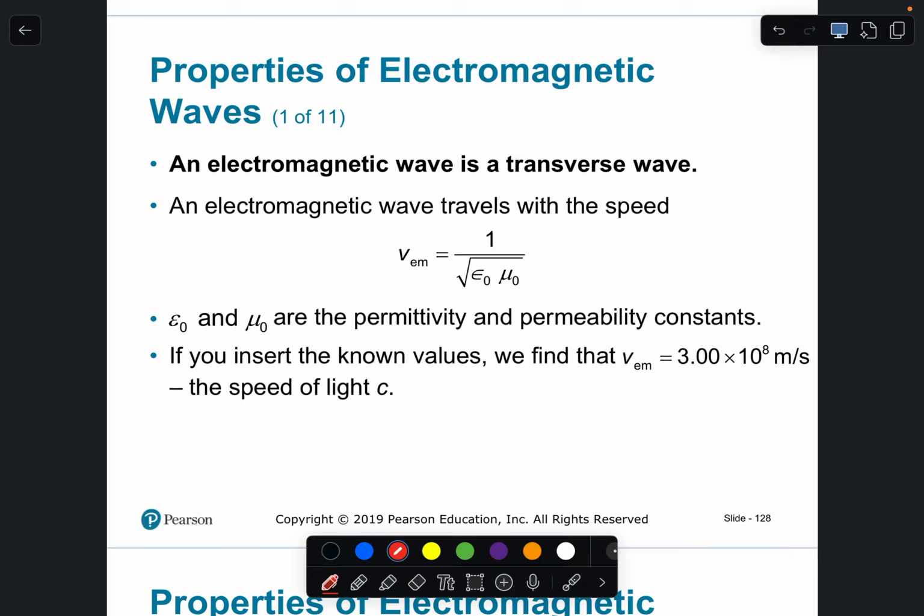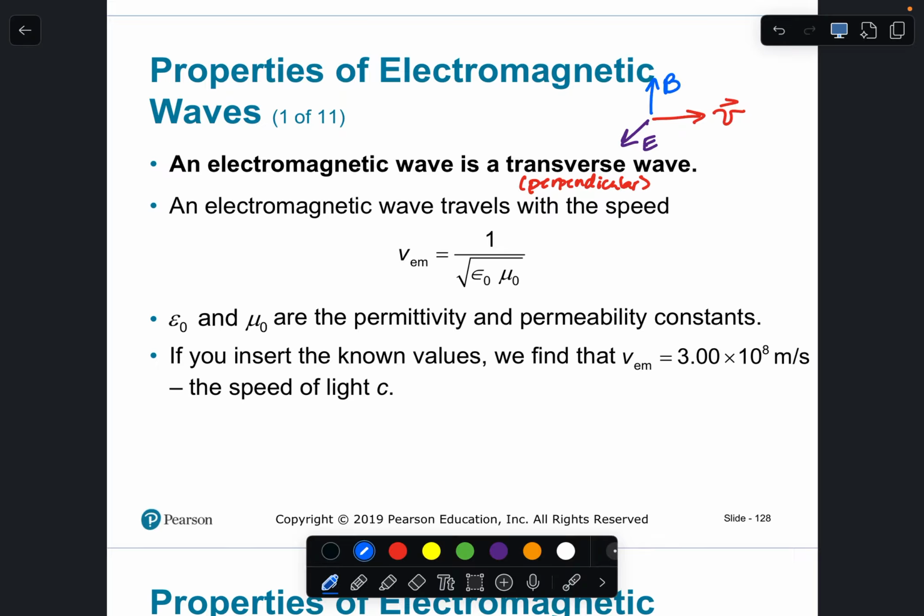So some broad aspects of properties of an electromagnetic wave is that it's a transverse wave. So what does transverse mean? Transverse means that the direction of the velocity of the wave is transverse, or perpendicular is another word for transverse, that the velocity is transverse to the electric field and the magnetic field that create that electromagnetic wave.